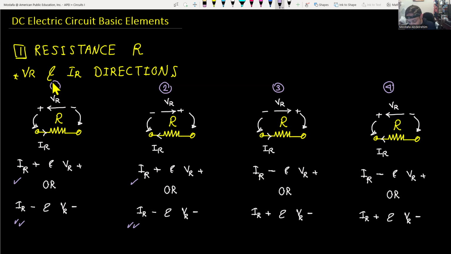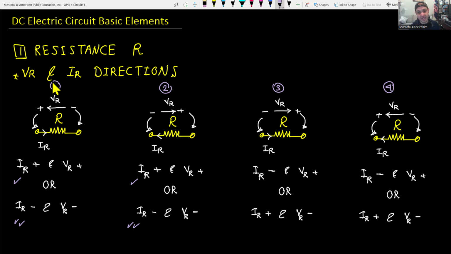In combination 4, again they are in the same direction, but opposite to combination 3: the current is going from right to left, and the voltage is also from right to left. In these two cases, you have to find them with opposite signs. If the voltage is positive, the current must be negative.